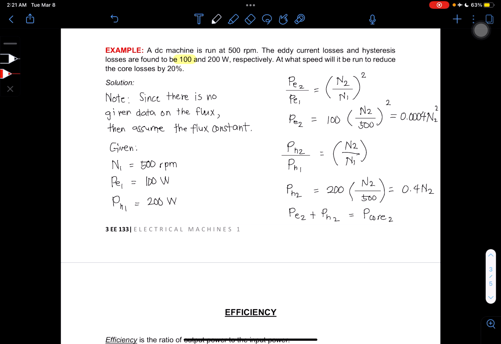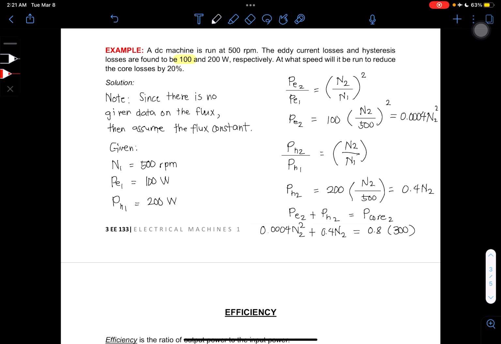So substitute: 0.0004 N2 squared plus 0.4 N2 is equal to, so reduced by 20%, therefore 80%, which is 0.8, multiplied by the total losses, which is 300 watts.